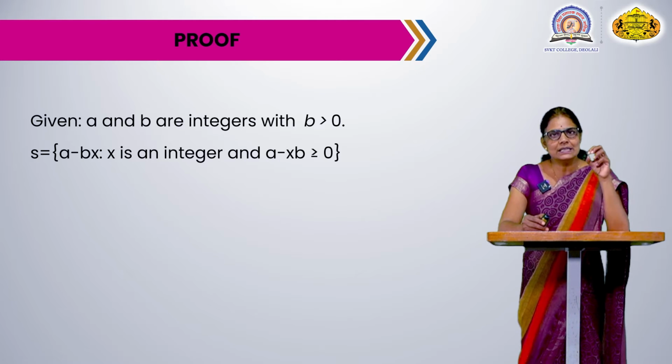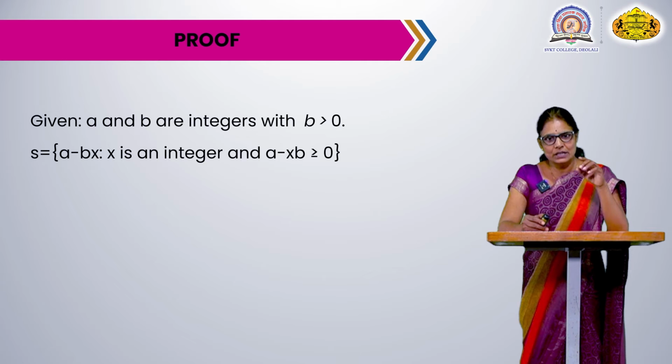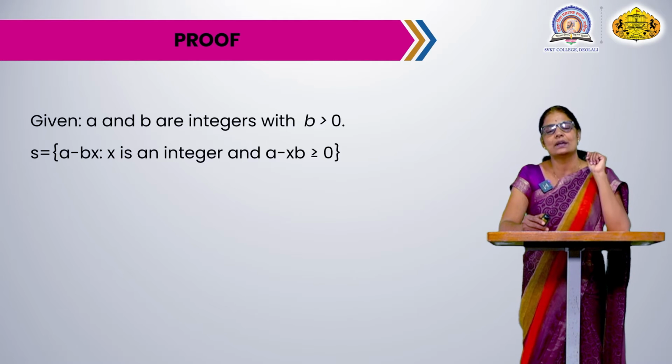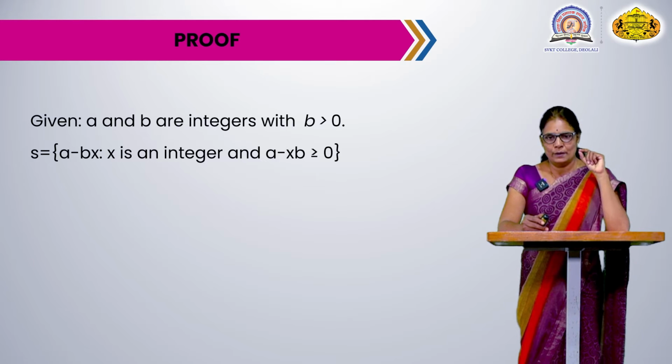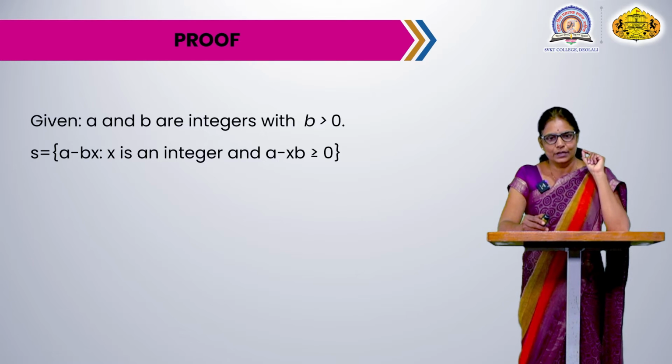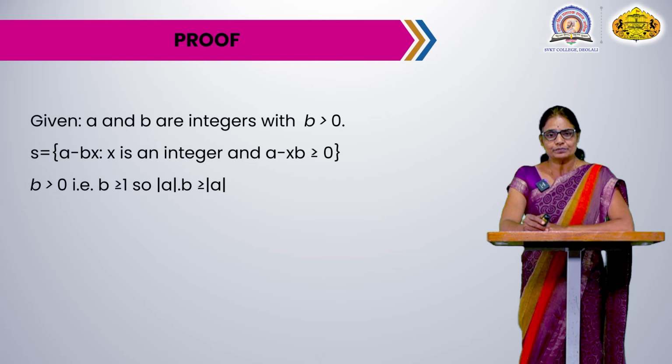So observe the set S carefully here. Here a is an integer, b is also an integer, and we consider x also an integer. So a minus xb is an integer, and the additional condition is a minus xb is greater than or equal to 0. That is, clearly S is a set of integers, a subset of non-negative integers.